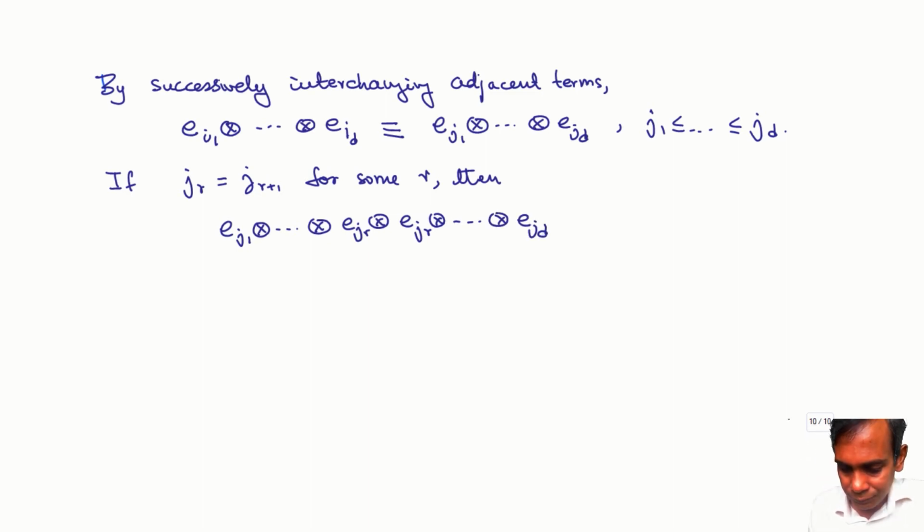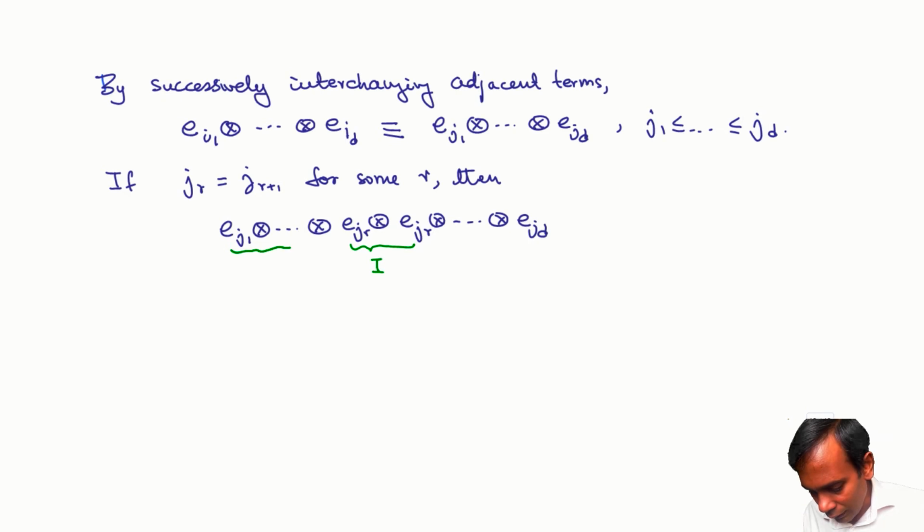But this is in I, just by definition of I, and since I is a two-sided ideal, even if you multiply something in I on the left and right by things, you get an element of I. So this whole thing is in I.